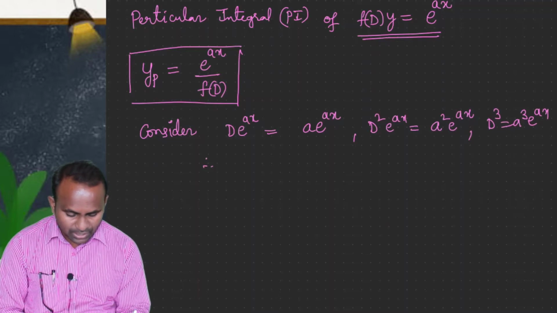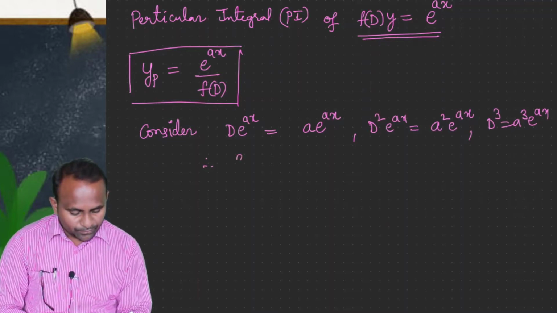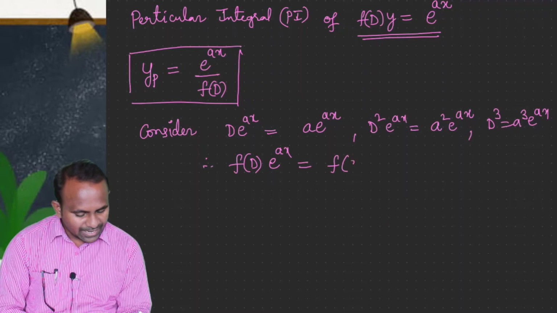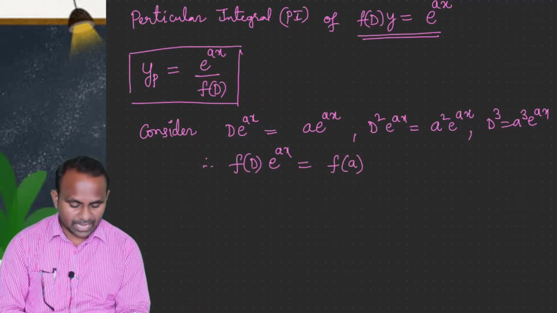So what does this mean? Whenever your polynomial of nth degree operates on e power ax, it simply gives f of a. If it is D, you get a times e power ax. If it is D square, a square times.